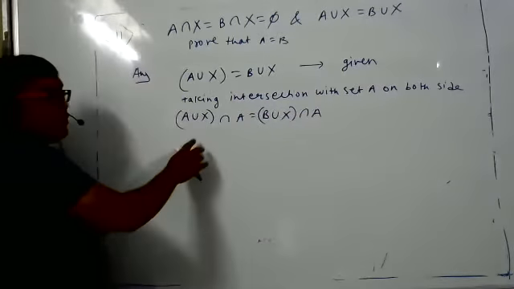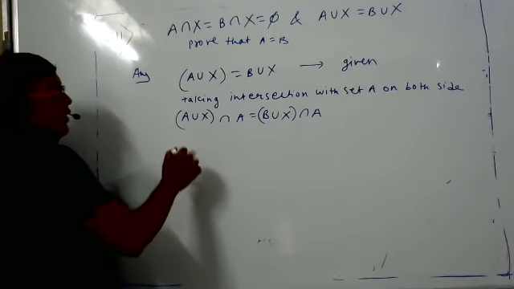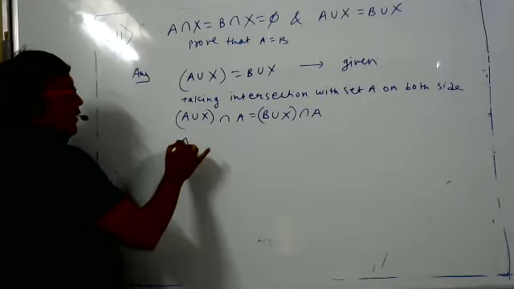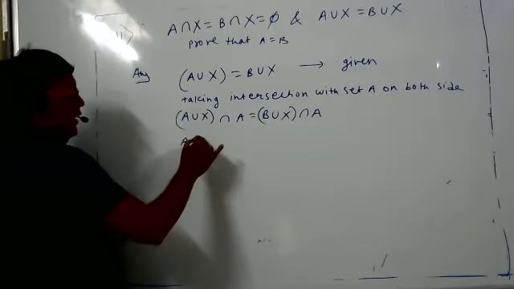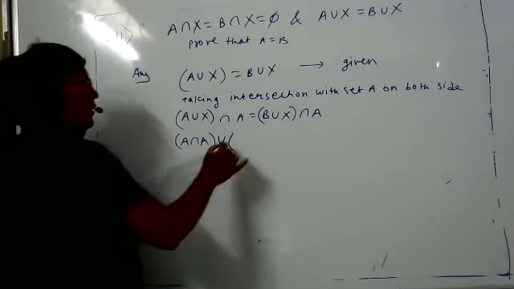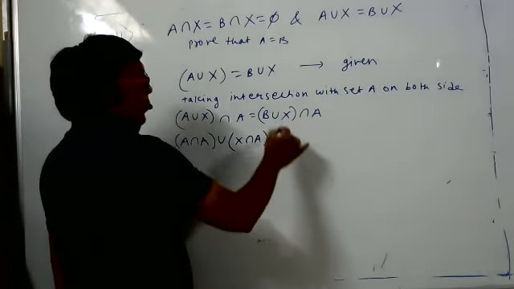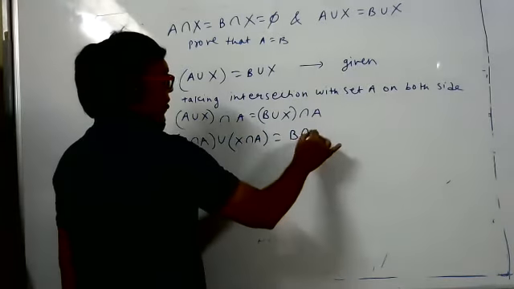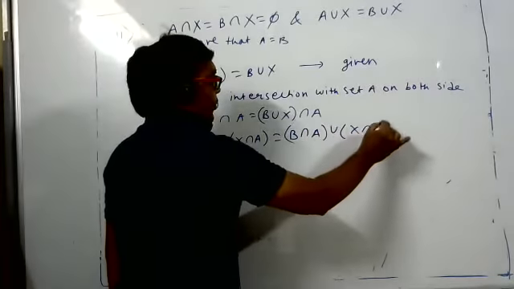Now we have to use the distributive property. Intersection with A is distributed. So I write (A intersection A) union (X intersection A). Here also, by the distributive property, (B intersection A) union (X intersection A).